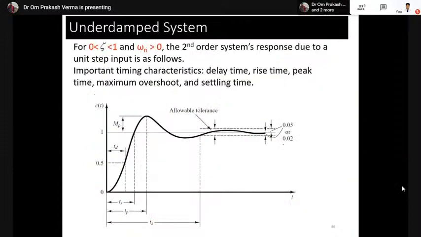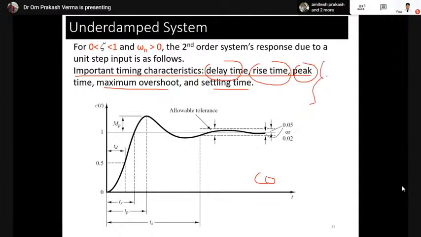So we have defined some definitions in the control system for the underdamped system. These are the control performance parameters mentioned here: the delay time, rise time, peak time, maximum overshoot, settling time.